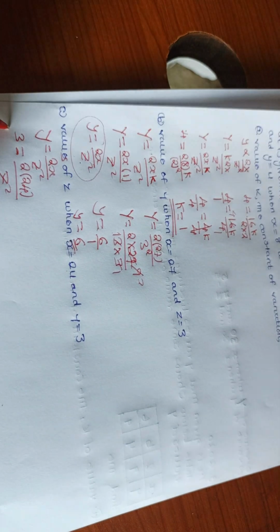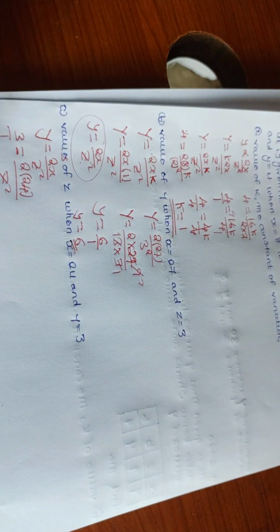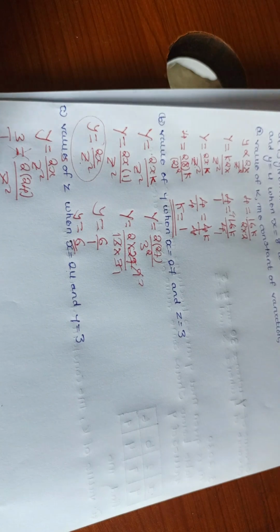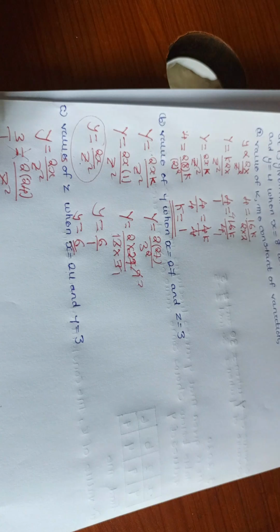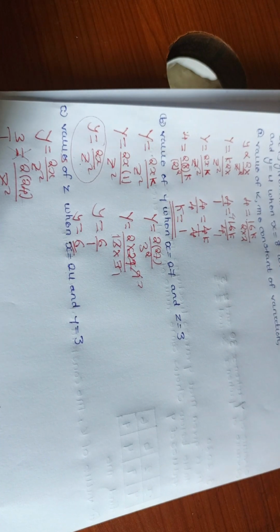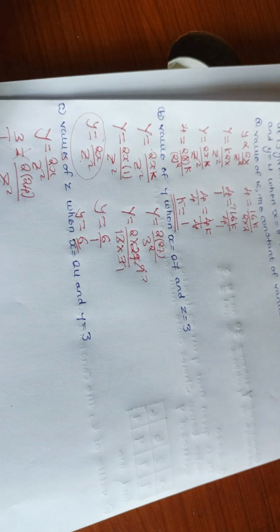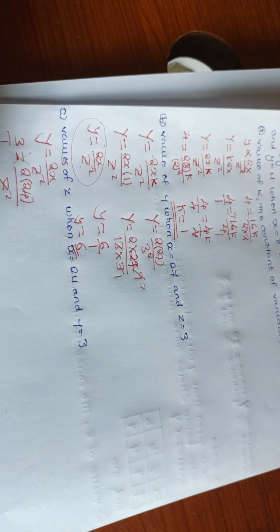squared, then over 1. So we're going to cross multiply here. 3 times z squared to be 3z squared is equal to this 1 times this to be 2 times 24. Good. Then here we're going to say, since we're looking for z, we're going to say over 3, even here over 3.